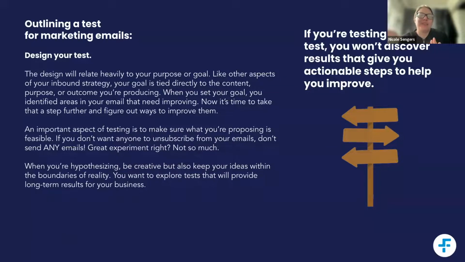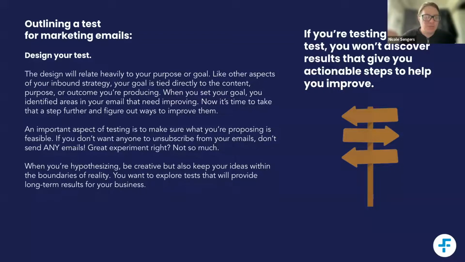There's no point in knowing that your open rates are low and wanting to improve open rates, but running a test on click-through rates, because your goal and your required outcome and the thing you need to test and want to understand are not linked to each other. So your test needs to link to what you need to know and where you want to improve and what your goal's about. So now that you've figured out what you need to improve, you need to figure out ways to try and improve them.